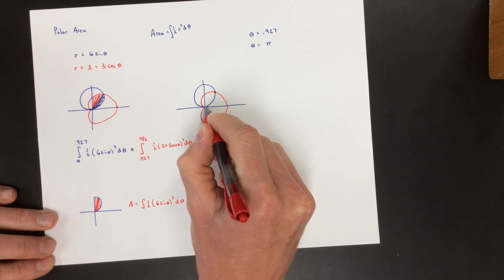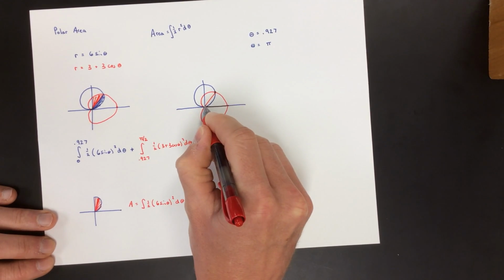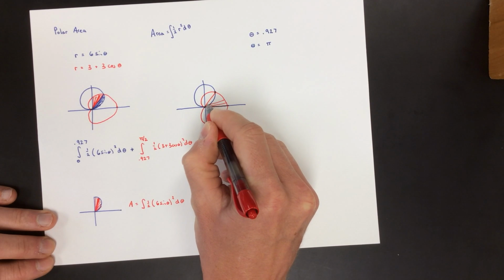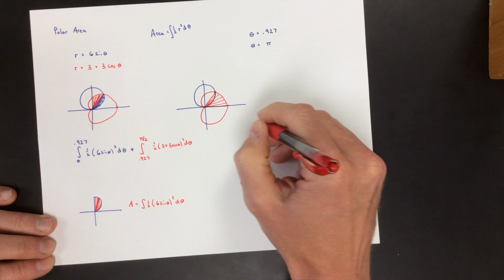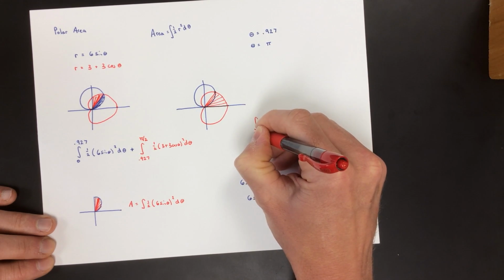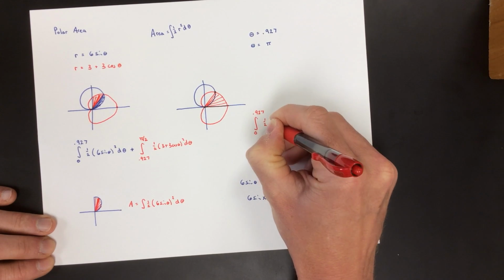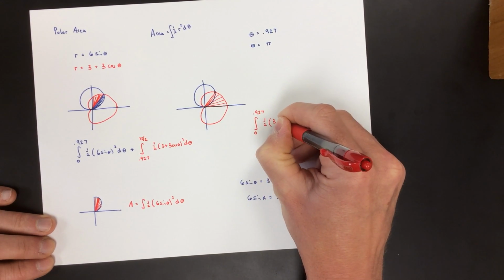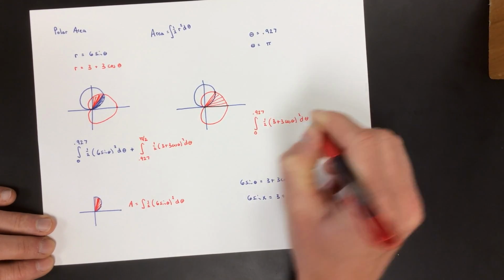We'd get all of this. If we integrated from 0 to 0.927 of 1/2 (3 plus 3 cosine theta) squared d theta, we get the whole red.